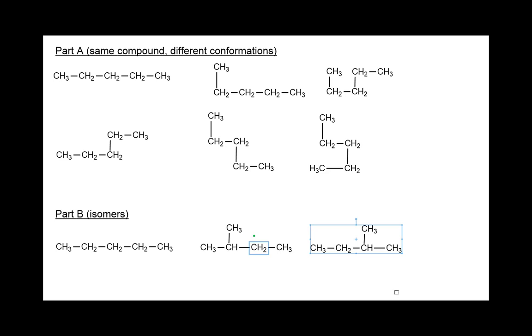You've been deceived. If we were just to rotate this around, and then I was to have my software flip this upside down, see, it's exactly the same as that structure right there. So that would not be a new isomer.